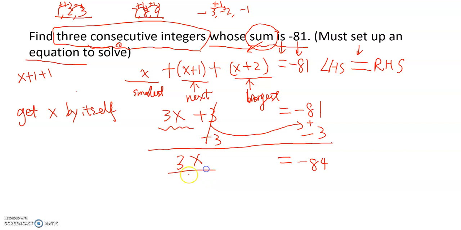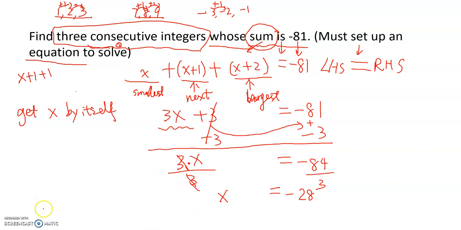And now we get rid of 3 because it's multiplication between 3 and x. We divide both sides by 3. And 3 divided by 3 gives us 1, and 1x is the same as x, equals negative 28. And remember, the question is asking for 3 numbers, and x is only the first one.